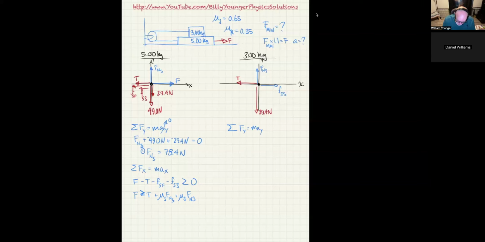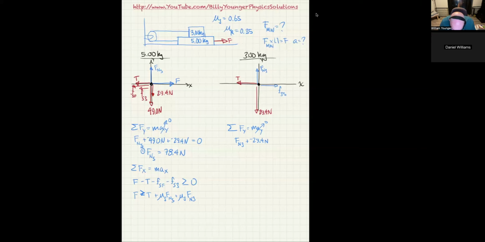Again, we're going to go with the acceleration in the y direction being 0. This diagram's a lot easier to deal with, so we can do Fn3 plus negative 29.4. I'm being very pedantic about this to make sure everybody realizes we're adding all the forces. It's just some of them point in the negative direction.